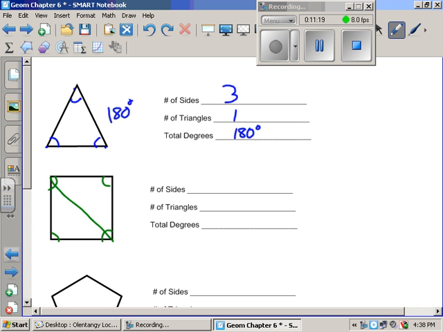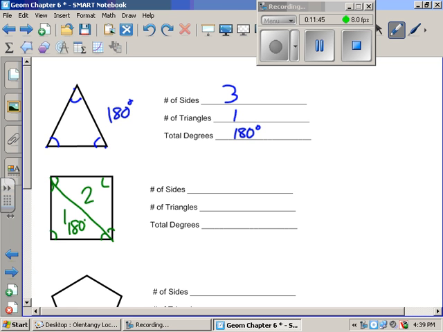So if I draw in this diagonal, I make 2 triangles, right? Each one of these triangles is using angles that belong to the outside angles of this quadrilateral. And each triangle is 180 degrees.